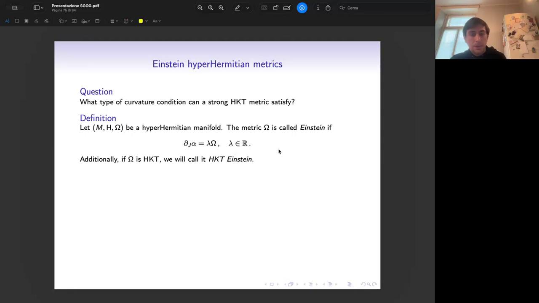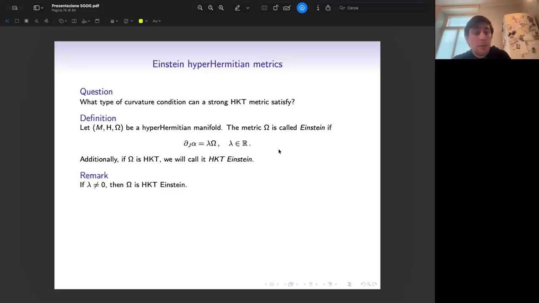Of course, an easy remark is that whenever we know that lambda is non-zero, then automatically the metric has to be HKT. But in the case in which lambda is zero, of course, this is not guaranteed.